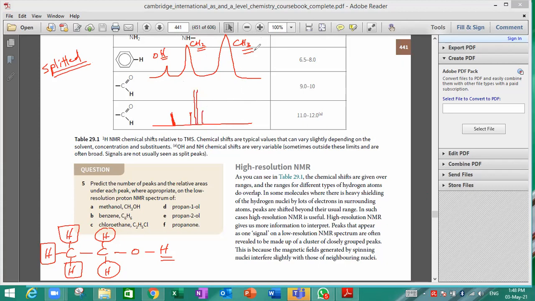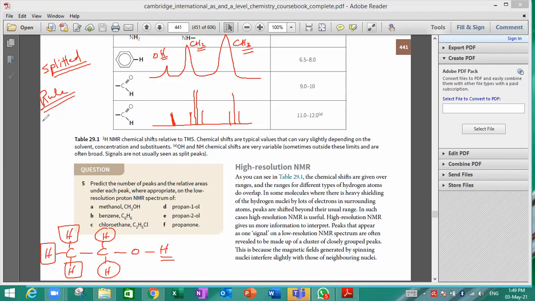And these three hydrogens that are next to the CH2 will appear as three peaks. They will be split into three peaks because there is a rule that says that the splitting depends on the number of hydrogen atoms that are adjacent to it.